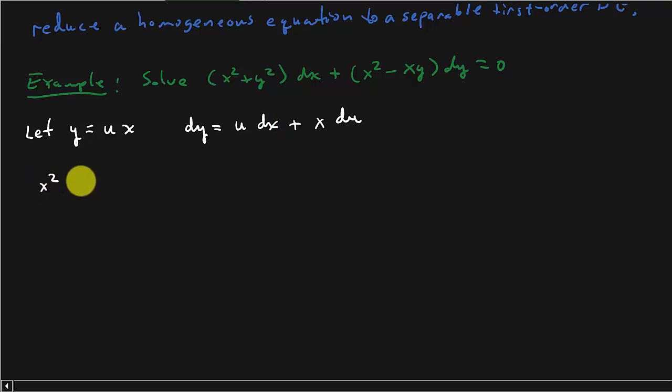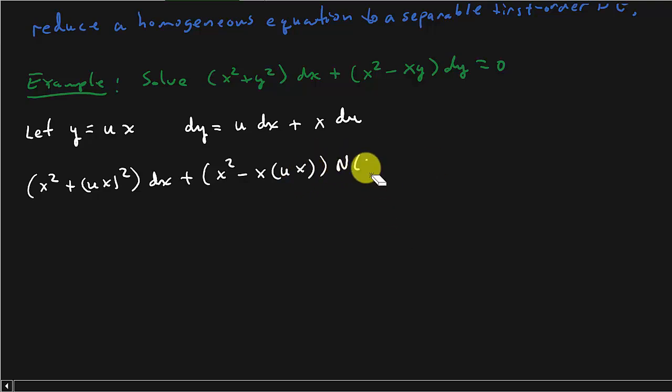So I've got x squared plus u squared x squared dx plus x squared minus x times ux dy. See, it's got the dy here, but what are we putting in the place of dy? This. So that's going to be times u dx plus x du.